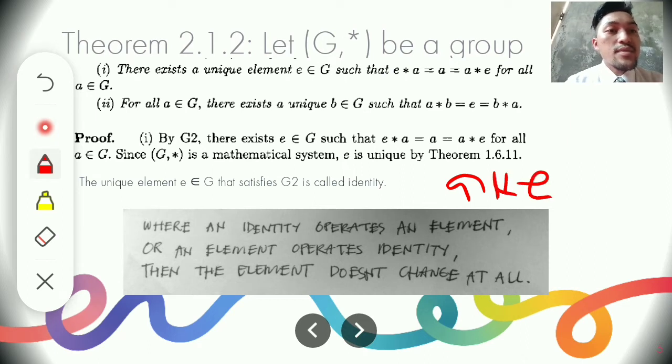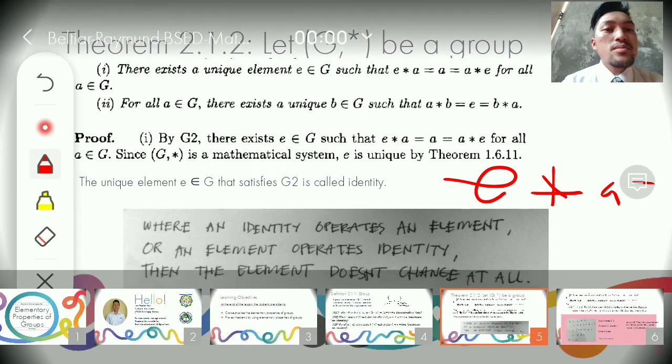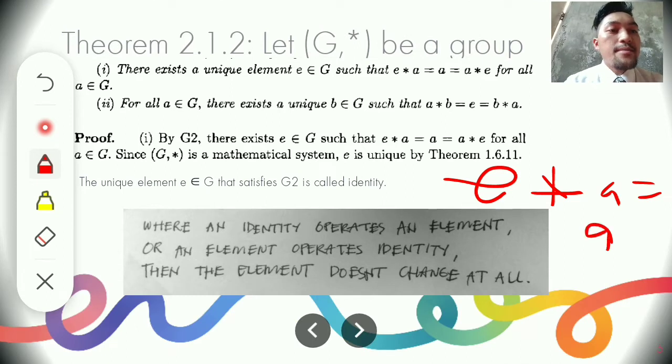When the element a operates with e, that becomes a, or when the identity e operates on a, it equals a again. It doesn't change at all.